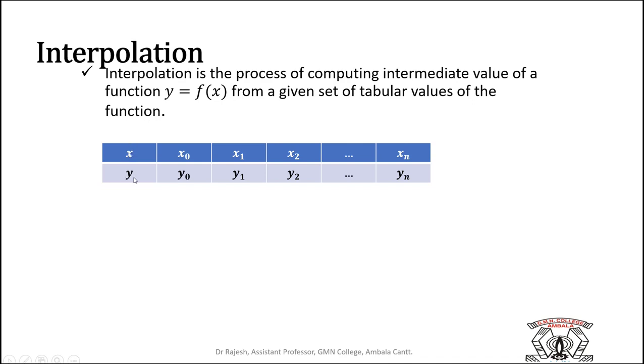Say the value of function y is equal to f(x) is given at points x0, x1, x2, which is y0, y1, y2. These values are given. So we have to find some intermediate value.